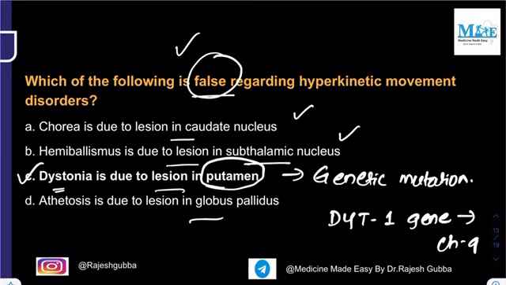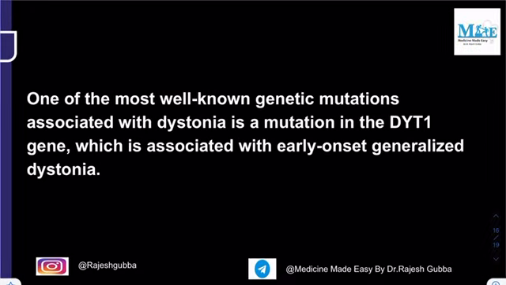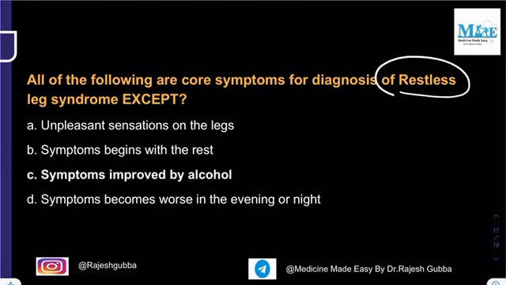Dystonia is basically a genetic mutation, most commonly of the DYT1 gene, present on chromosome 9. So the false statement is option C. Athetosis due to lesion in the globus pallidus is the correct statement. You also need to be aware of the site of lesion in these hyperkinetic disorders.